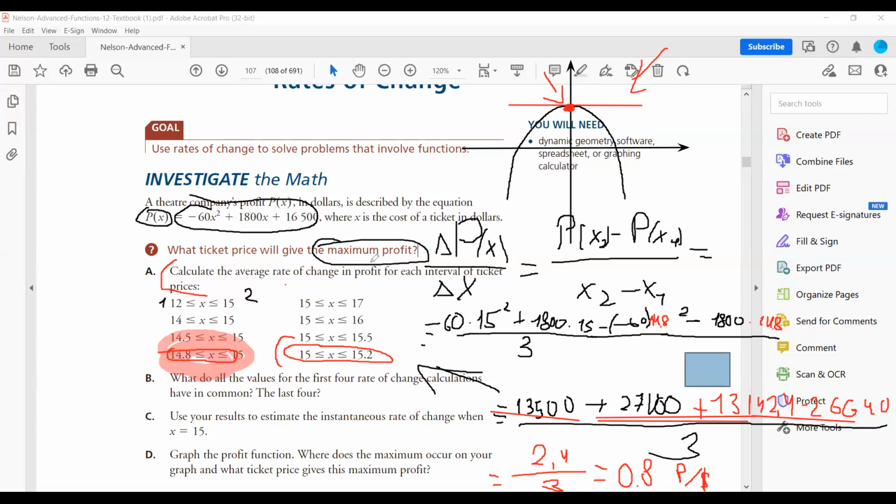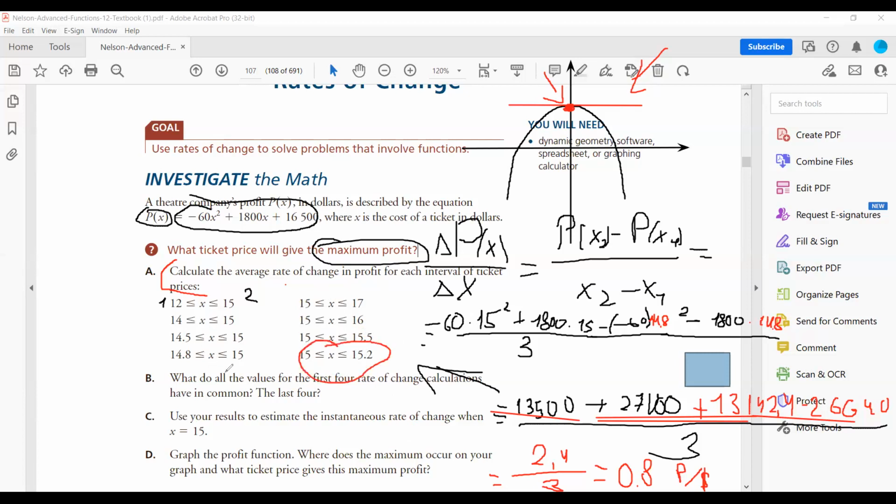We're making an average rate of change where the first value is to the left of this point. And here we do the average rate of change for the same point, but now we approach it from the right, 15.2, a little step to the right. And you're going to see that at this point, our instantaneous and our average rate of change would be negative. So it starts losing money. But again, it will be a really small value.